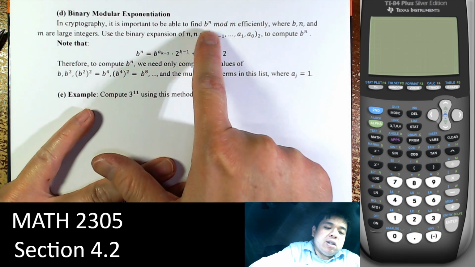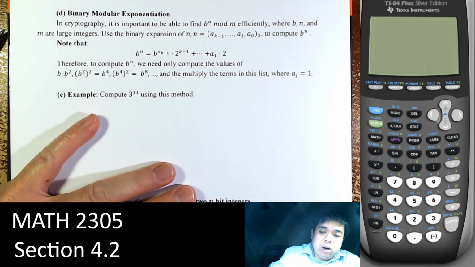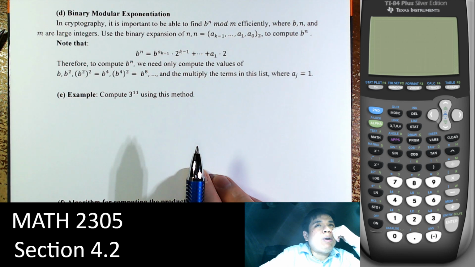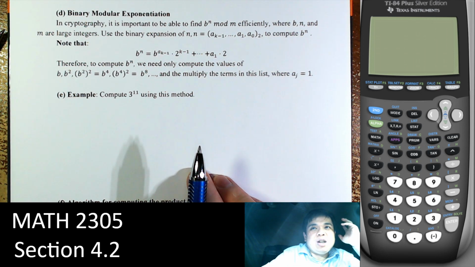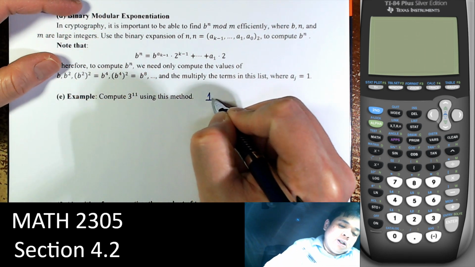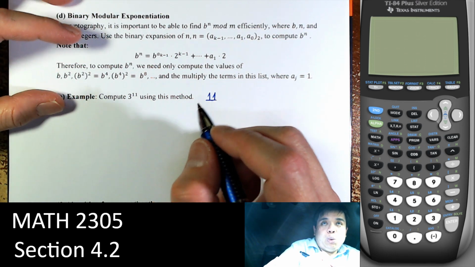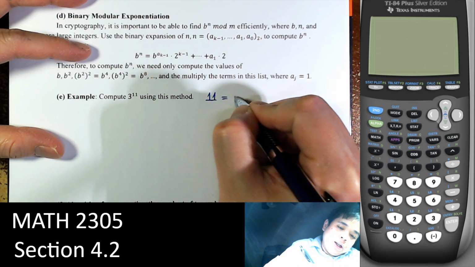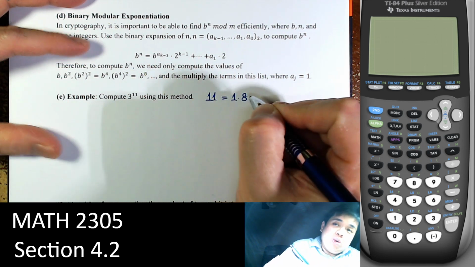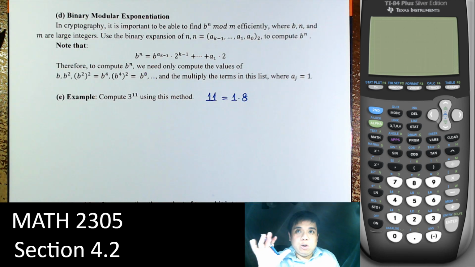Now, if we want to compute a power fast, this is a way. For example, if we have 3 to the 11, we could just take 3 times 3 times 3 times 3 times 3, and so on. That's too much, right? Think about this. First, we convert 11 into base 2. I've just used the greedy algorithm here. We take the largest power of 2 that fits, which is 8.